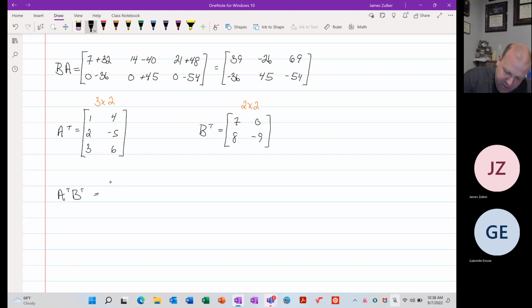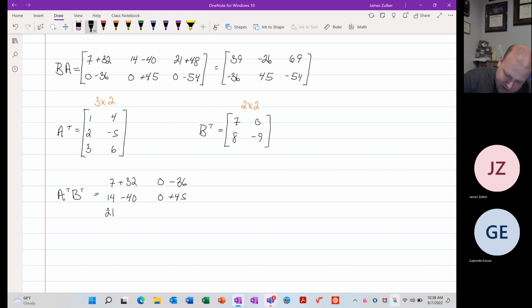Right, so first row of A transpose B transpose is going to be 7 plus 32. And then we'll get what? 0 minus 36. Right, second row, we're going to get 14 minus 40. And then 0 plus 45.